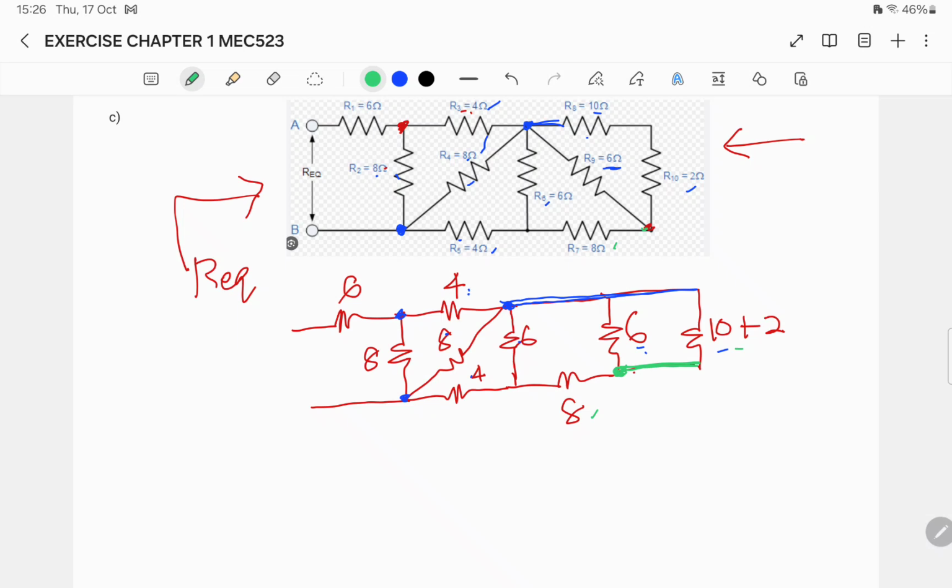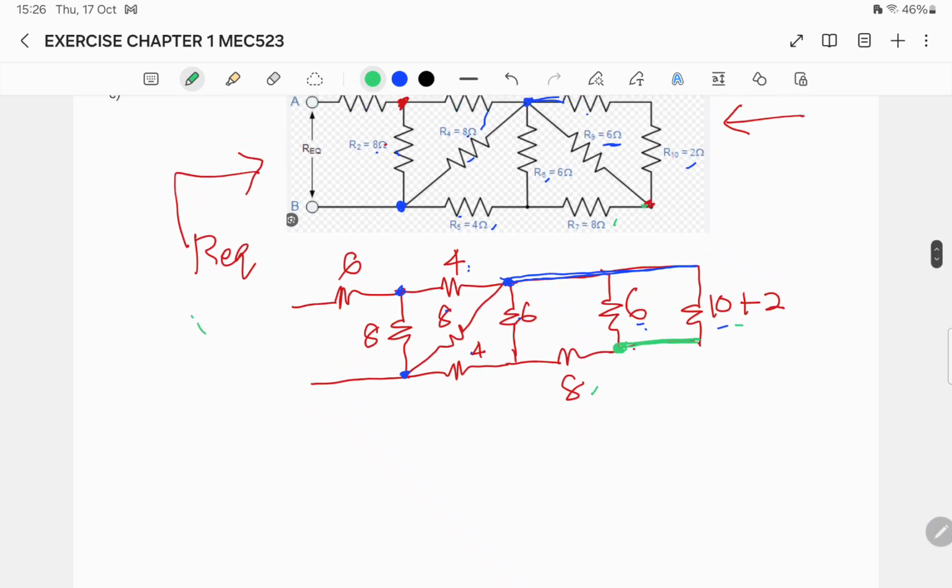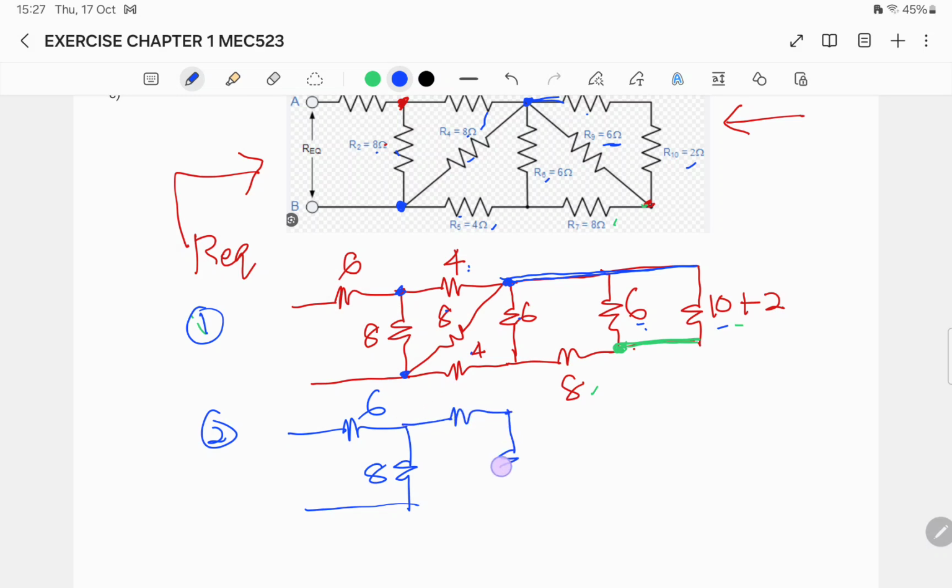Boleh? So next one nak buat apa pula? Ni saya je yang lukis ni. 4, 8.